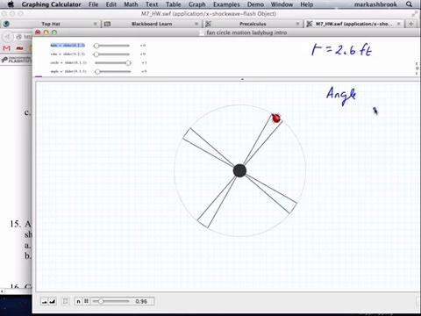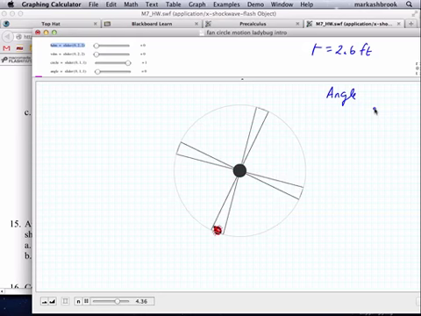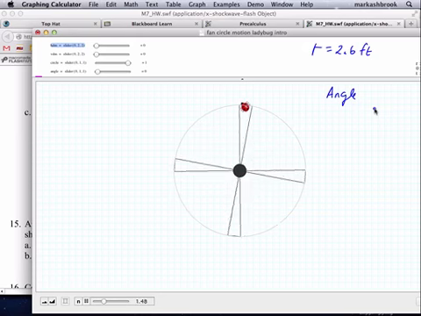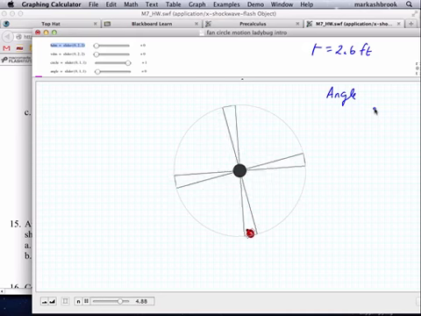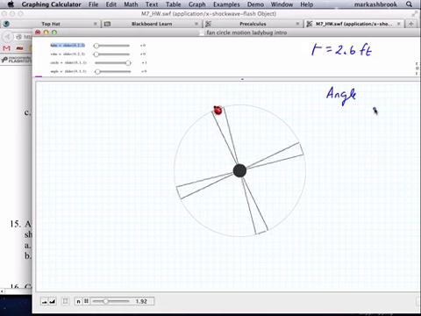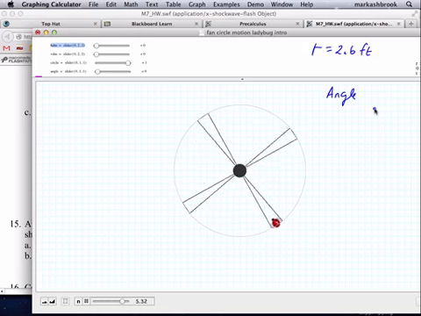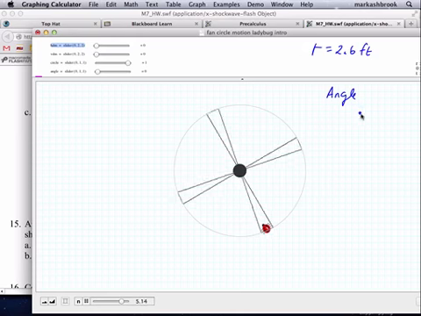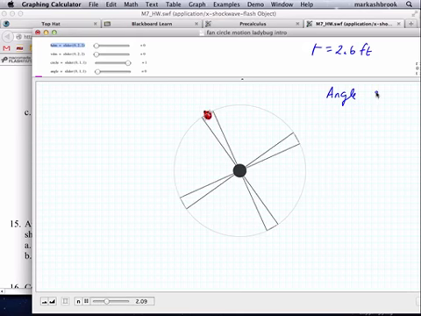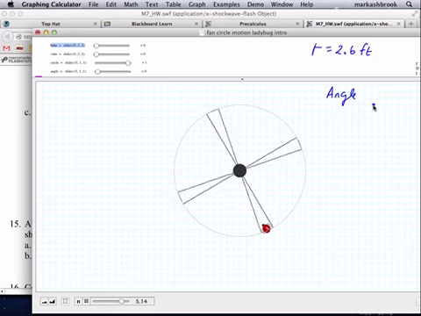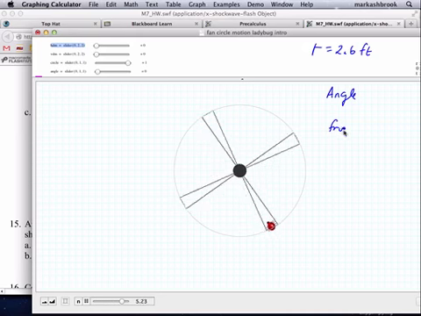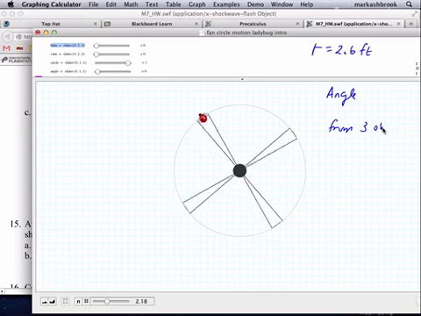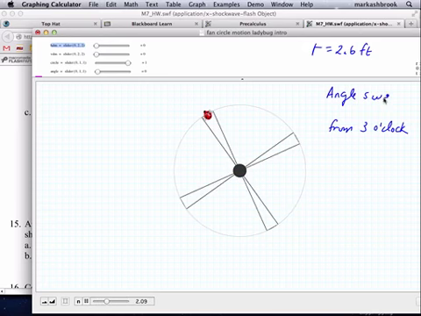Just saying angle, remember from the first week of school, is not nearly specific enough, because we could define dozens of angles in this scenario. So what particular angle did we just define? What was one more piece of information associated with that angle? Okay, from 3 o'clock. What else? Angle swept counterclockwise.